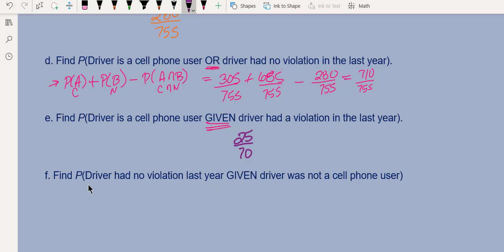Find the probability that the driver had no violation last year, given, again, this keyword given, the driver was not a cell phone user. Okay, so driver is no violation and is not a cell phone user.